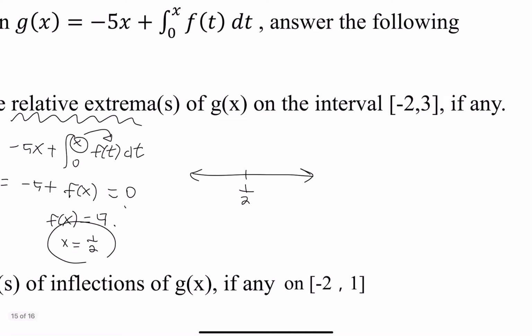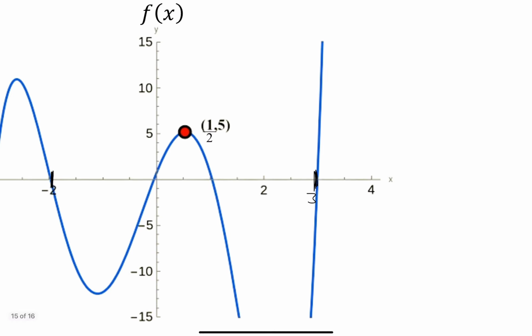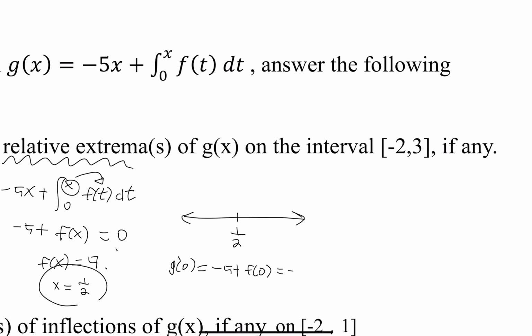Something less than 1/2 would be like 0, easy, right? So let's see g prime of 0, which is negative 5 plus f of 0. And then what is f of 0? F of 0 is 0. So we have negative.